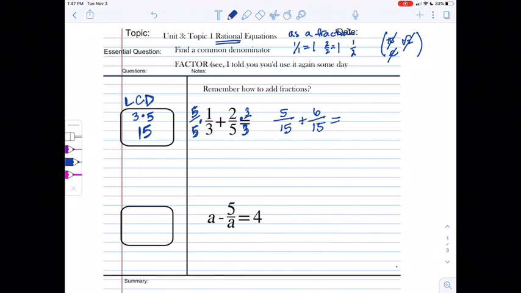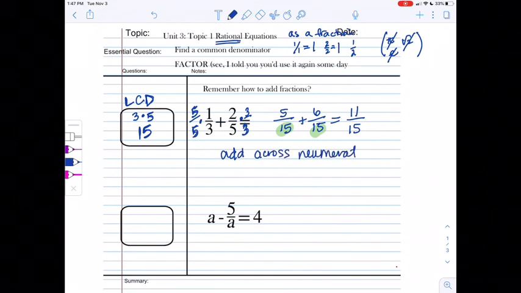And now that I have a common denominator, I can add across the numerator, 11, and the denominator stays the same. I'll write that down even: add across the numerator, and you keep the denominator. Okay, so that is the way we learned how to add fractions when we were younger.